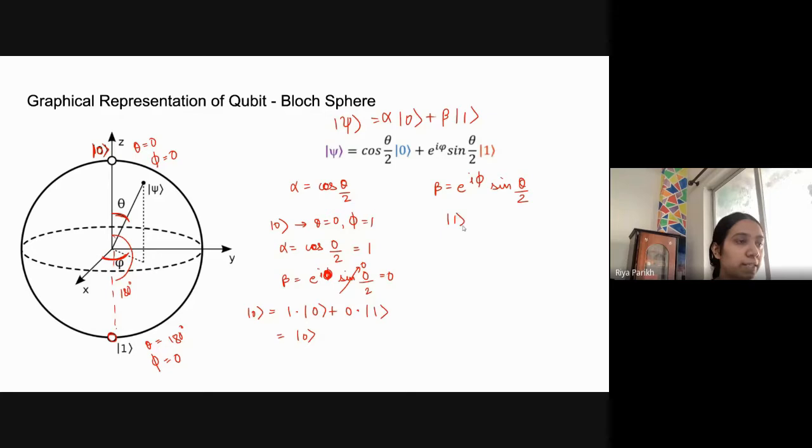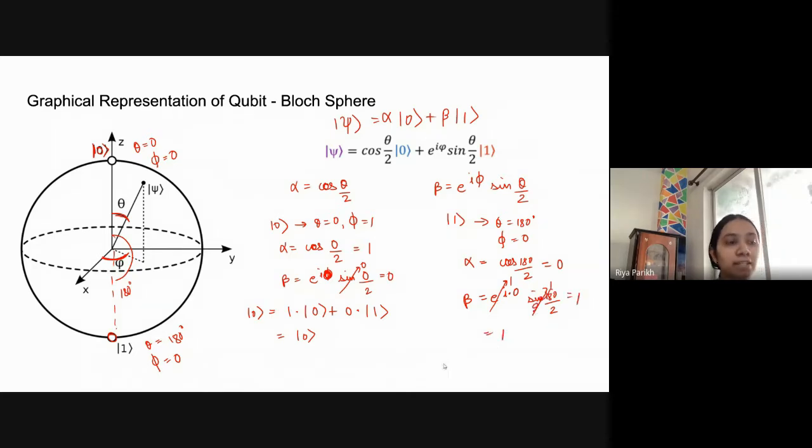Similarly, we can do it for our state 1 also. For state 1, theta is equal to 180 degrees and phi is equal to 0. For alpha, it will be cos 180 by 2, which will be 0. And for beta, it will be e to the power i times 0 times sine 180 by 2, which is equal to 1.